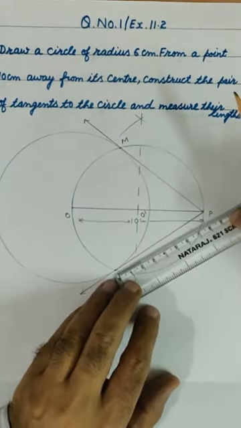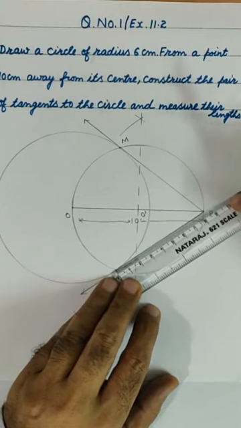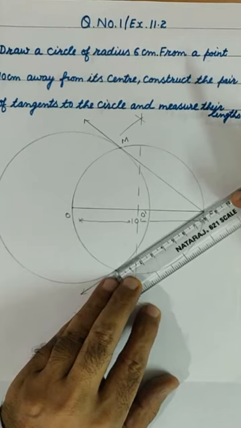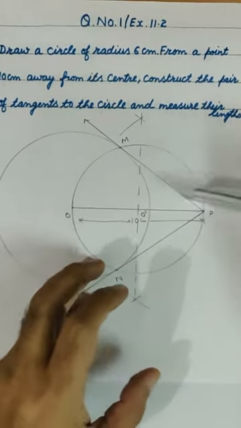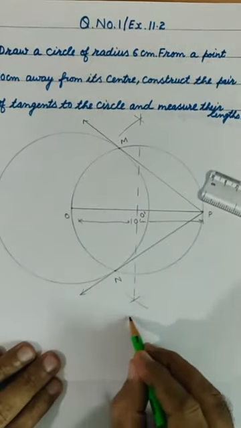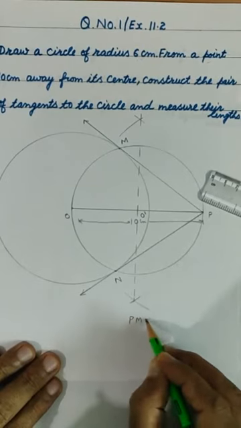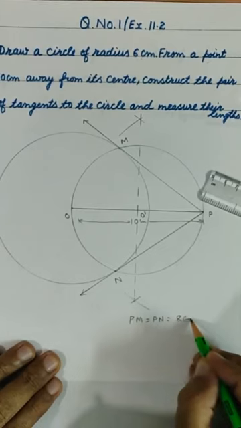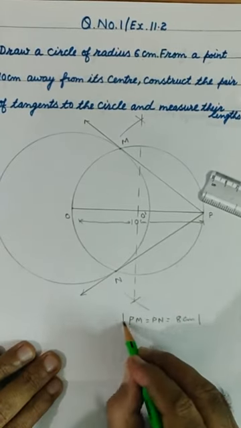Same way, this is PN, you will find 8 centimeter. So PM equal to PN equal to 8 centimeter. We have measured this.